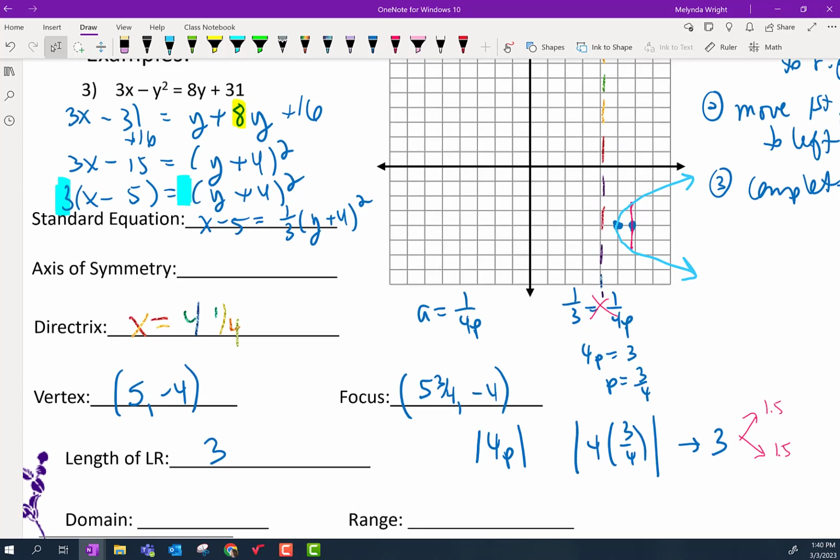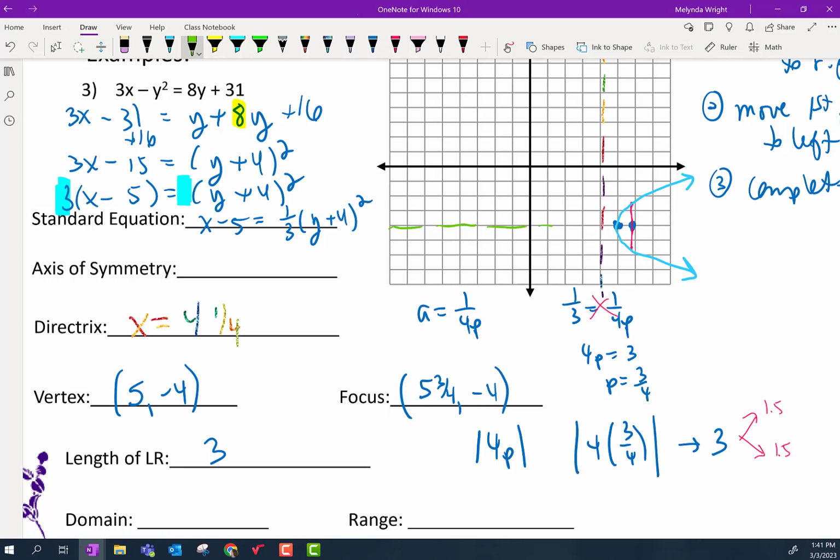The axis of symmetry. Think about symmetry when we worked once. I mean, you've been working with symmetry for a while. Not necessarily in this class, but in geometry, other places. So my axis of symmetry cuts this thing in half, right? So it basically goes through the vertex.